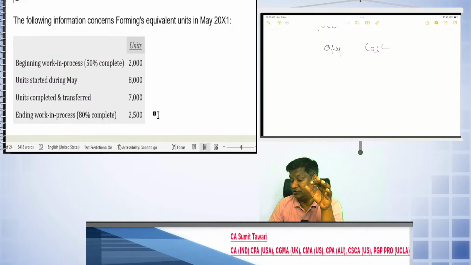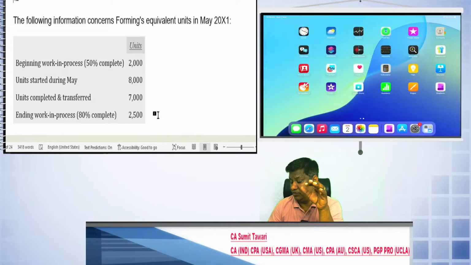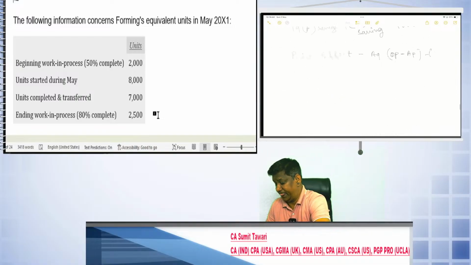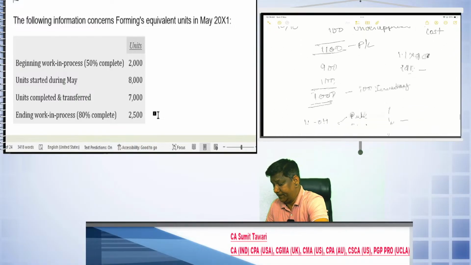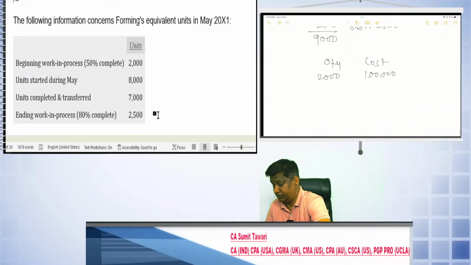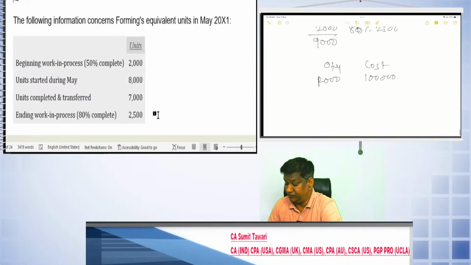So it is 2,000 opening and the cost may be 1 lakh. You need to consider 1,000.